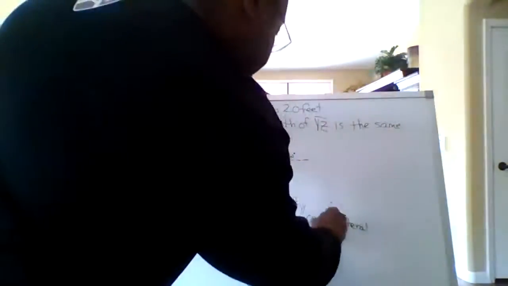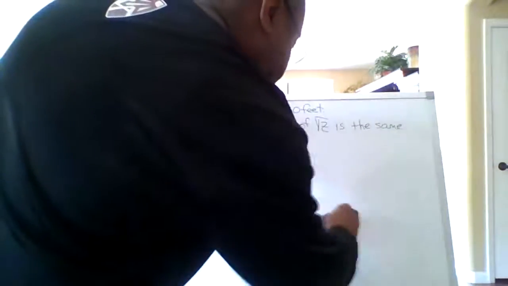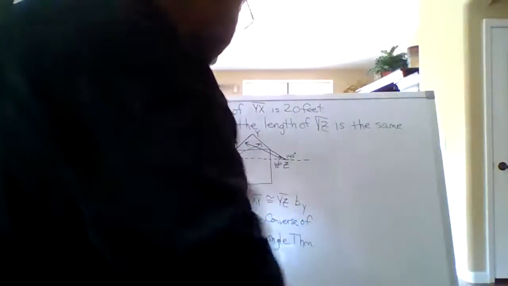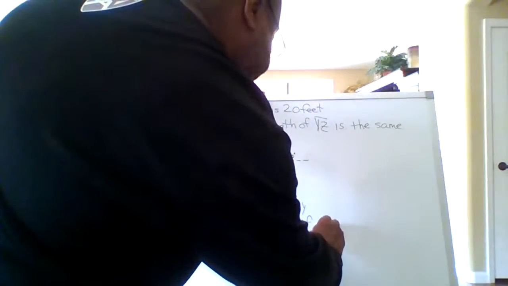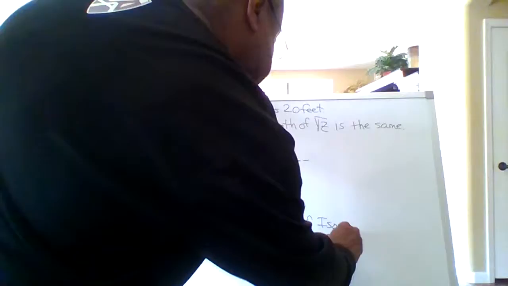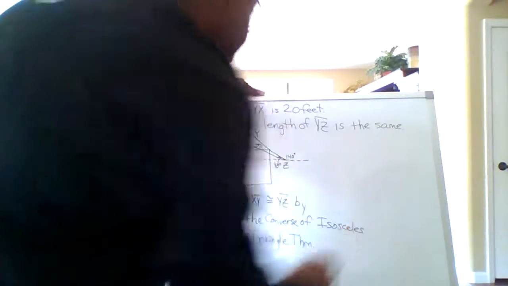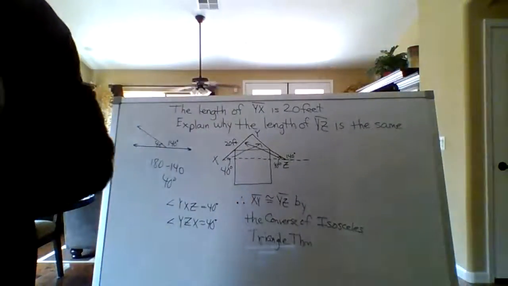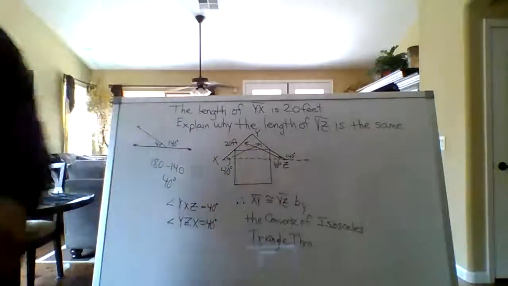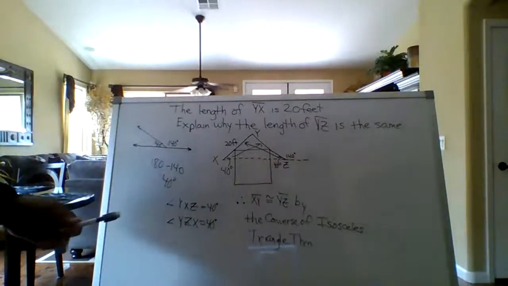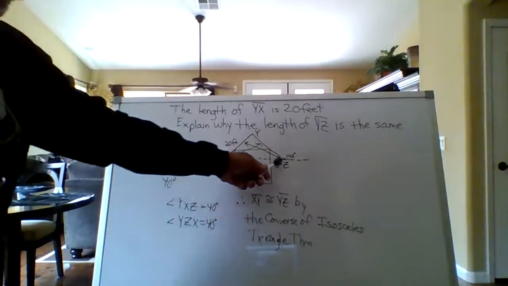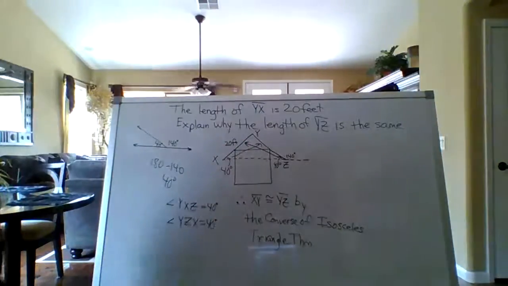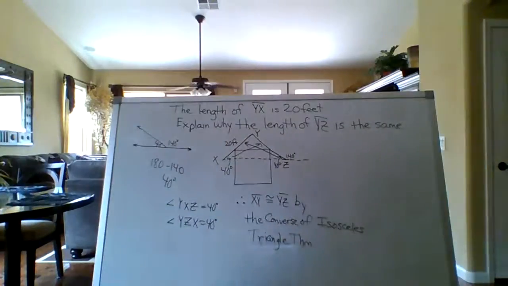Let me go back, because I said equilateral, but the angles were congruent. So I'm calling that off. I'm looking at angles, so the converse of the isosceles triangle theorem. Since these two angles are congruent, the opposite sides will be congruent. So that's one example I have for you here.